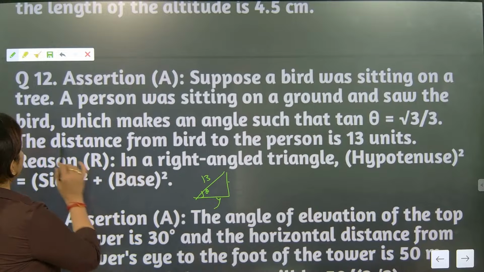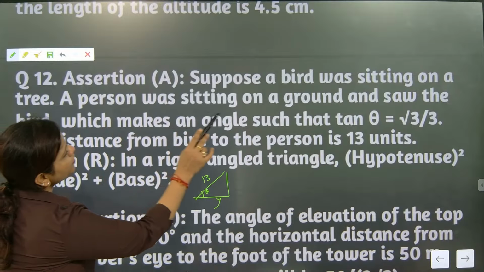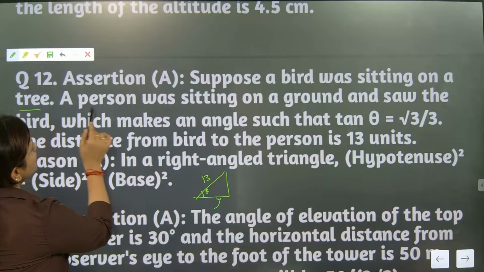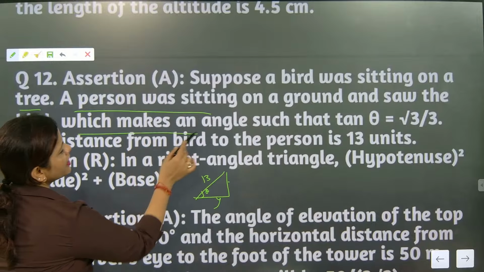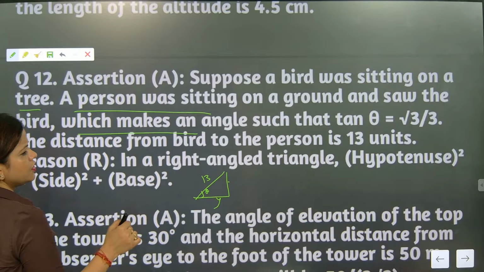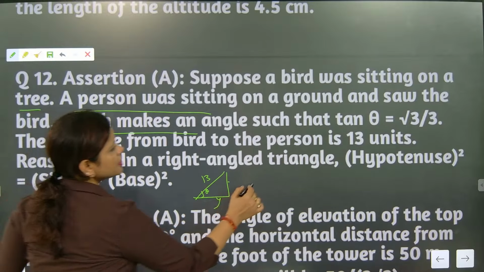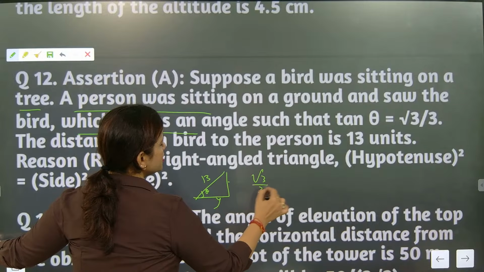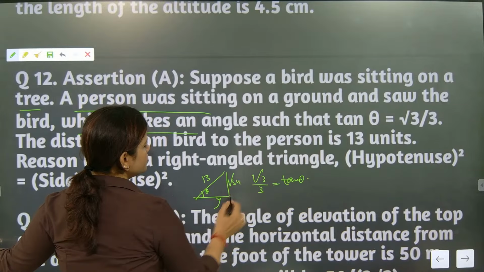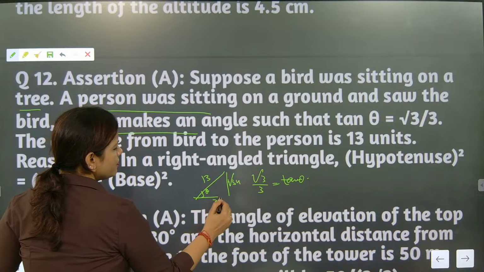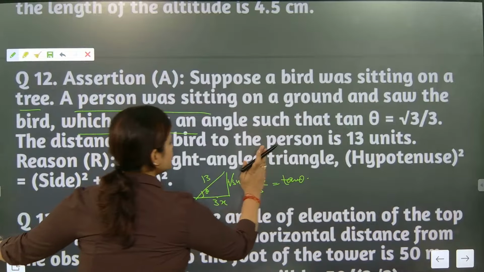See here. This part is a little tricky. Suppose a bird was sitting on the tree. A person was sitting on the ground and saw the bird, which makes an angle such that tan theta is equal to this. So tan theta is root 3 by 3. That means the perpendicular will become root 3x and the base will become 3x. Understood?